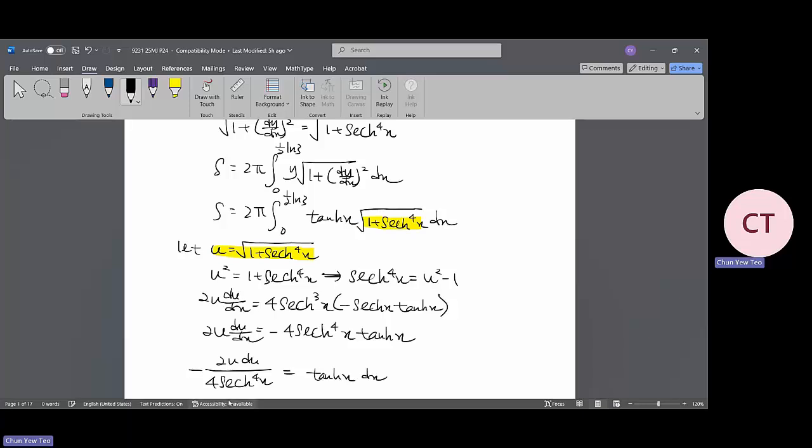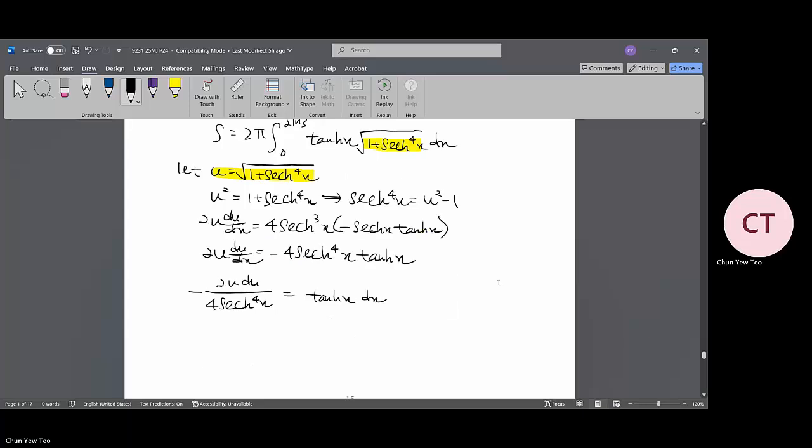For this reason, we change the sec to the power of 4x to become negative u over u squared minus 1 du is equal to tan x dx. So we need to get this one ready.